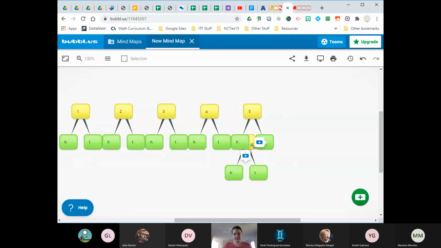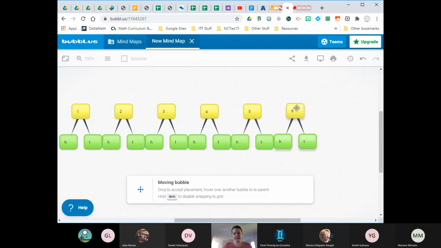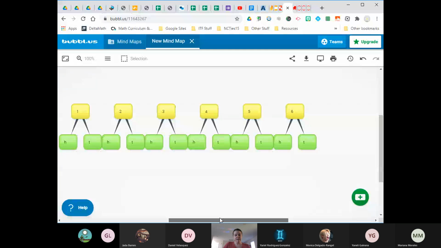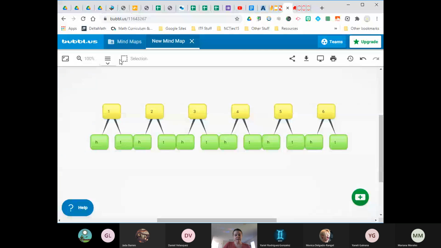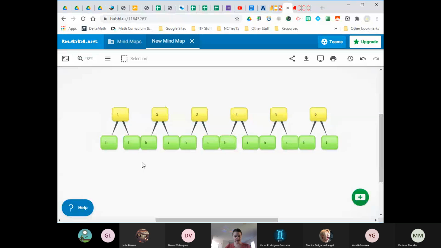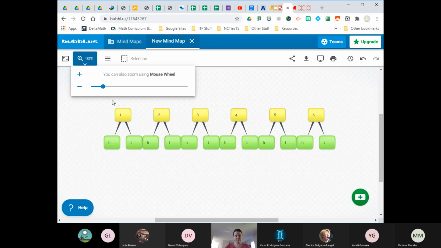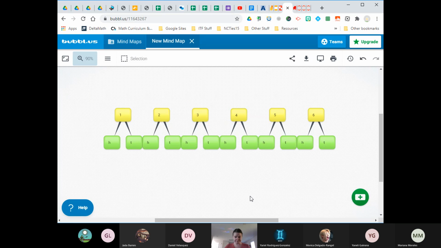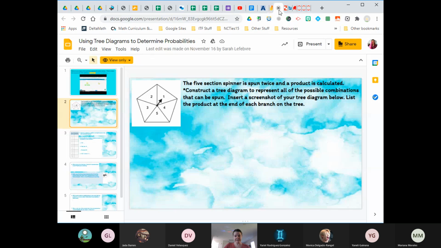And then in the assignment, it tells you to take a screenshot and put it in. So make sure I can see your entire tree diagram. If you need to zoom out, you can. There is a zoom button here that'll allow you to adjust it. Then you take your screenshot and attach it where it tells you to in the assignment.